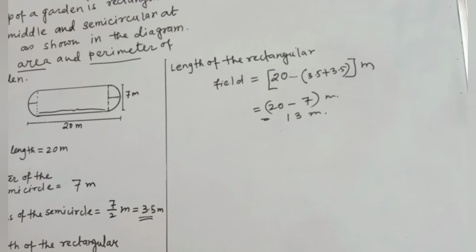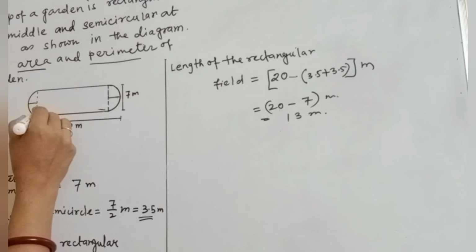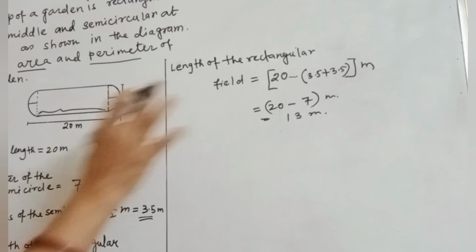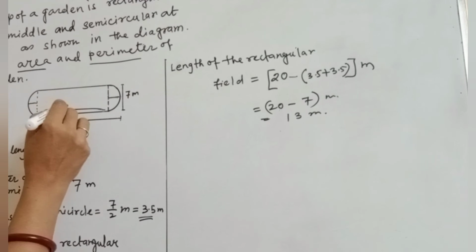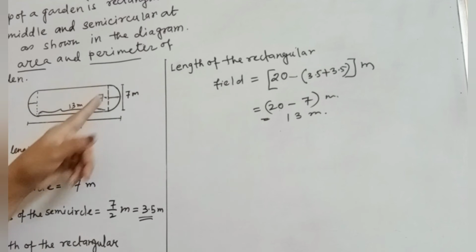Now you have the length, the breadth and the radius of the circular portion. All are here: this is 13 meter and this is 7 meter. So you can find the area of the rectangular field.